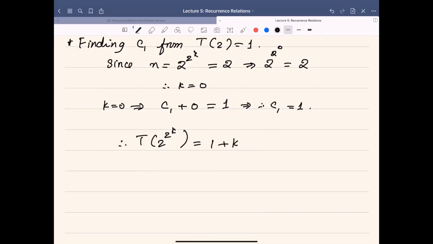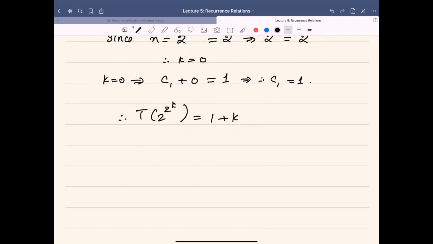But this answer is given in terms of k. Since in the beginning we assumed that n was 2 to the power 2 to the power k, we need to find k in terms of n. We will do this in 2 steps. Maybe I should make a space on the left-hand side, and make abbreviations using dots.